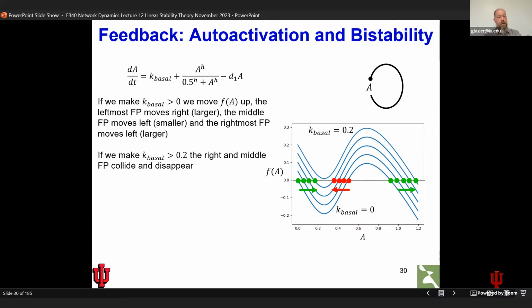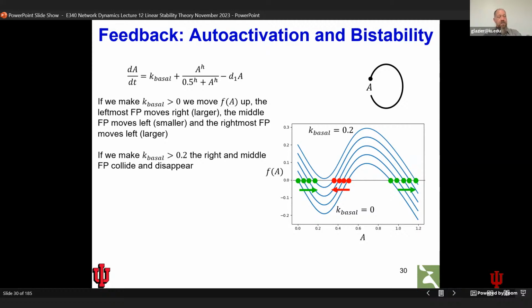What about the one that was just below 1? It also moves to the right and stays stable. What about the unstable fixed point? As I slide my curve up, my unstable fixed point slides to the left.